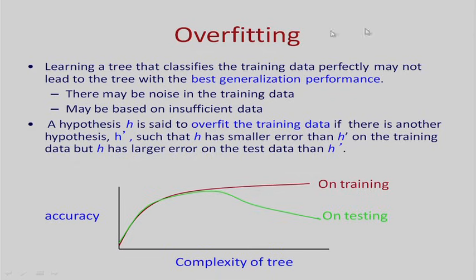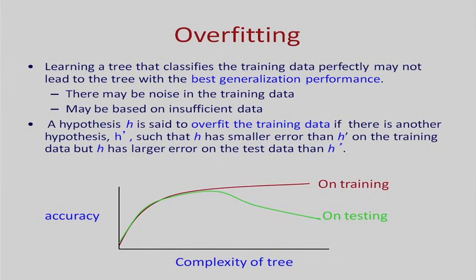Let us look at this slide. Suppose as we are growing a decision tree, we split the nodes when there is positive information gain, that is, a resultant reduction in entropy. Typically, as we keep growing the tree, the accuracy on the training set will go on increasing, that is, the error will go on decreasing.